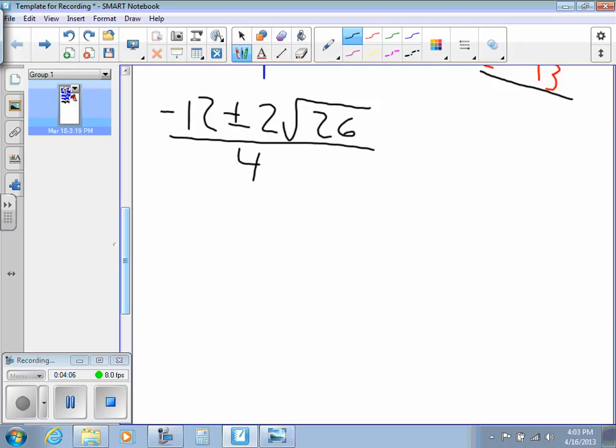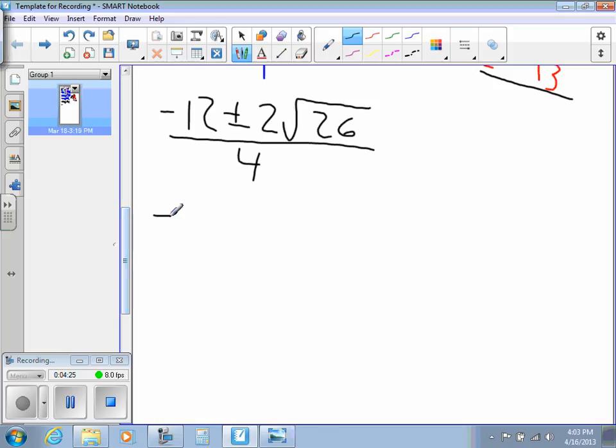Okay. Now it's time to, well, before we break it apart, let's go ahead and do some simplifying. Let's reduce this fraction a little bit. You know what, on second thought, let's break it apart and then we'll simplify.